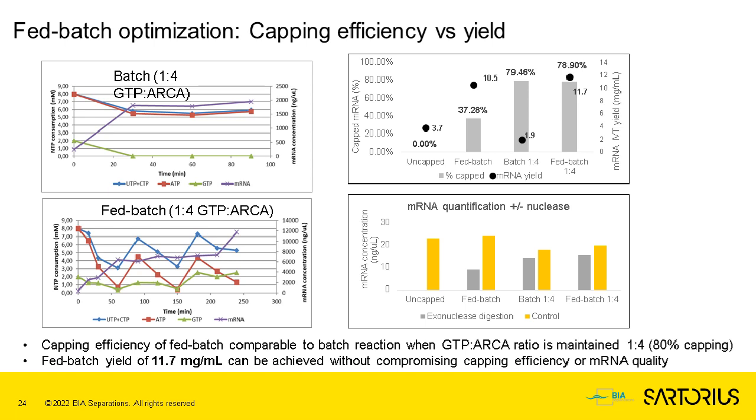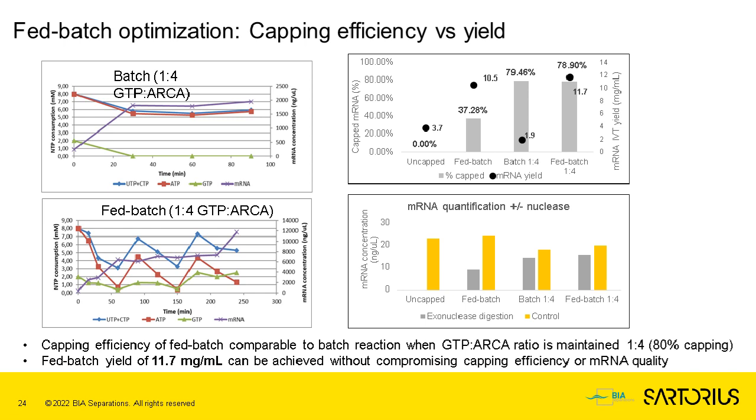And so I give here a nice example of comparing mRNA produced with ARCA capping in batch, meaning we've just produced the recipe and didn't feed any additional nucleotides and respected the 1:4 GTP to ARCA ratio, which is known in literature to lead to highest capping efficiency. Or we've continuously fed the reaction with nucleotides while keeping the ARCA to GTP ratio constant.